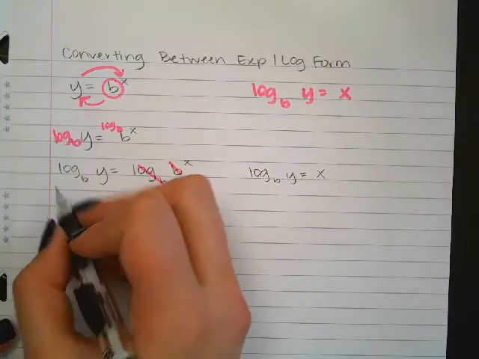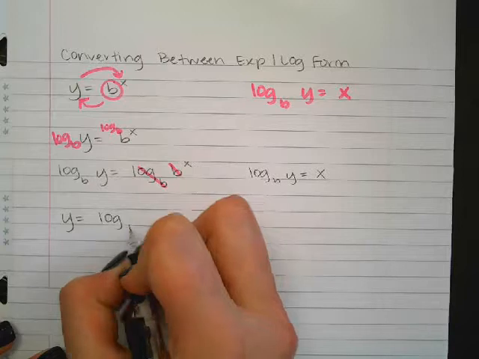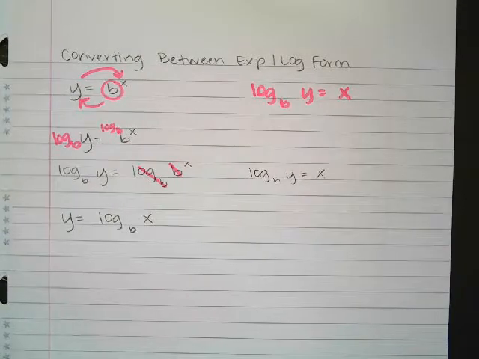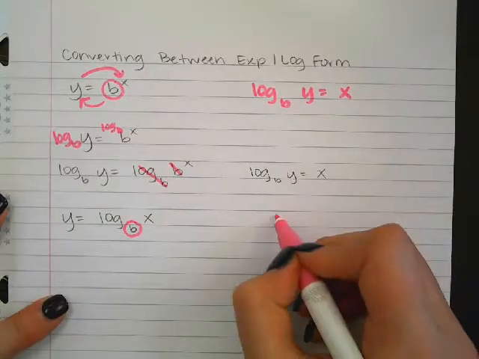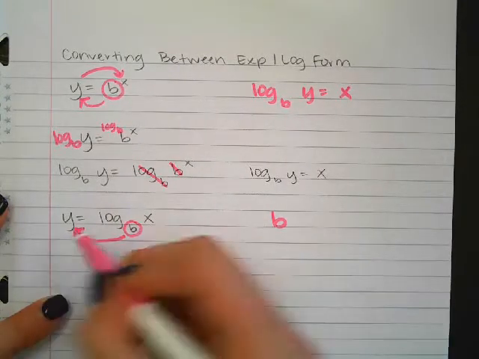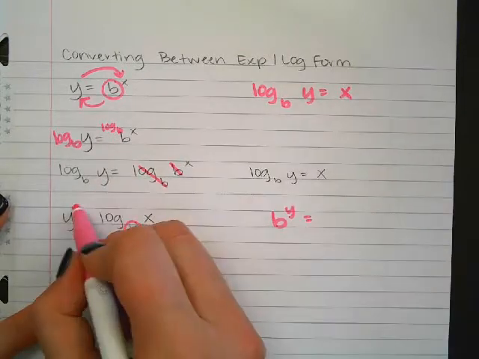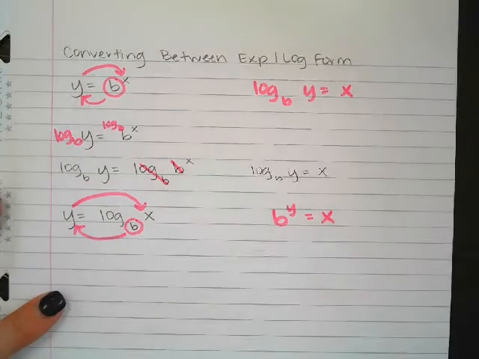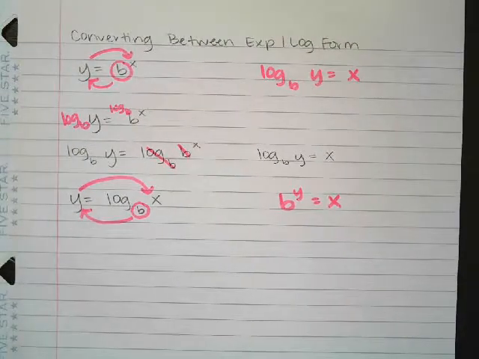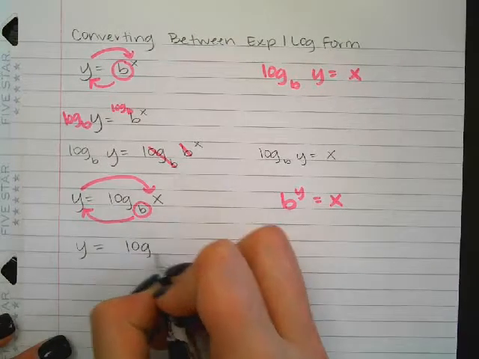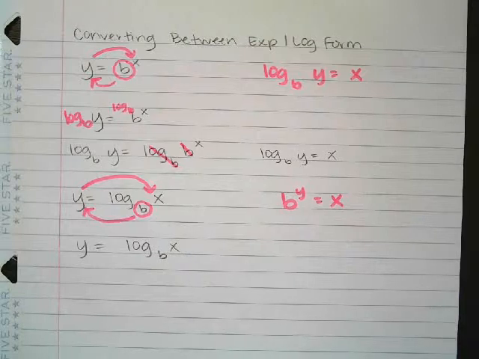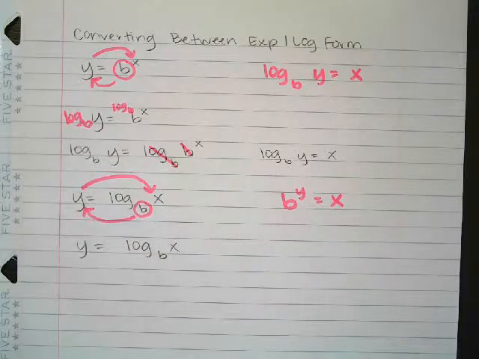So if I start with a log, y equals log base b of x, and I want to undo that log and convert this into exponential form, I can do the Tootsie Roll method again. So I start with the base. So base b to the y equals x, right? Or I can use inverses to do the same thing. So if I have y equals log base b of x, then I can take each side and write it as a base to an exponent, and it's called exponentiating each side.